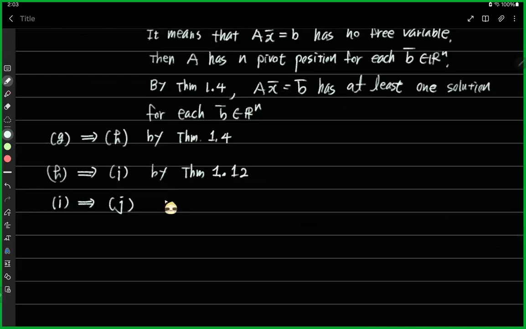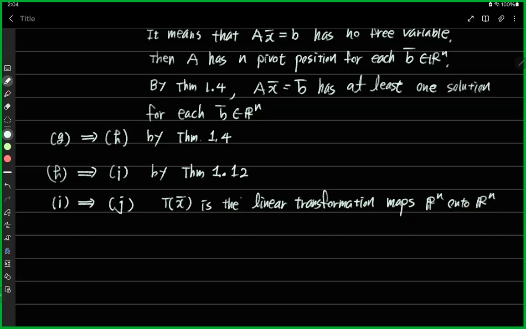So now T of X bar is the linear transformation that maps Rn onto Rn if and only if the columns of matrix A span Rn space, by theorem 1.12.